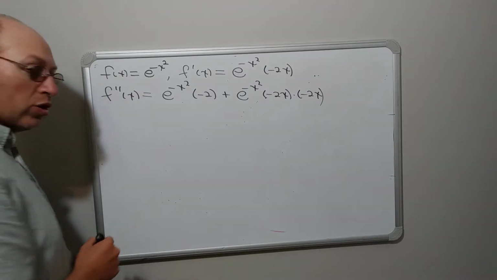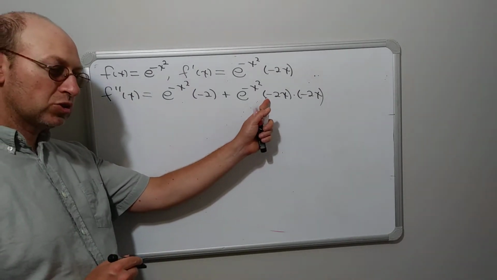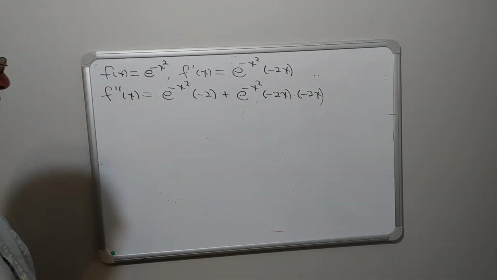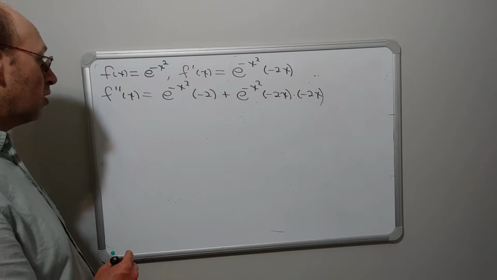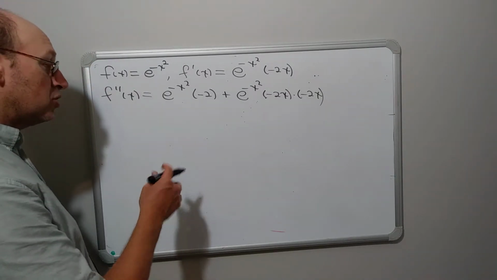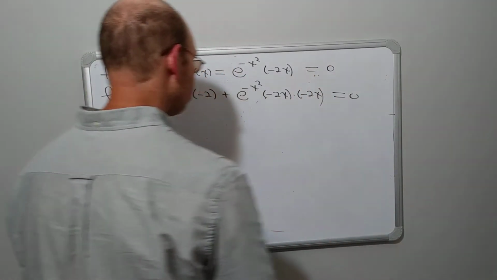So I use the product rule and then the chain rule, and the chain rule in the product rule also. Alright, now we basically need to set these equal to 0 to find the critical numbers.